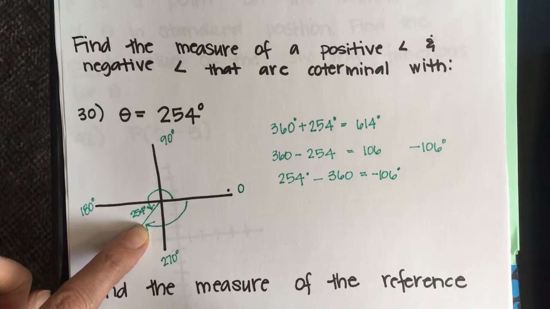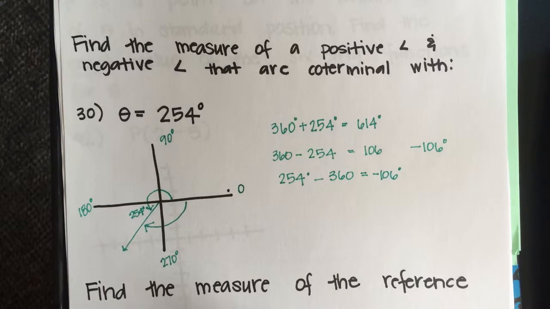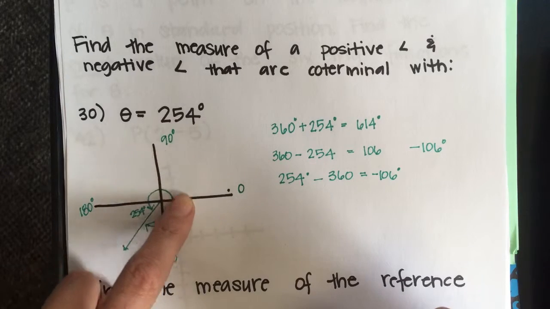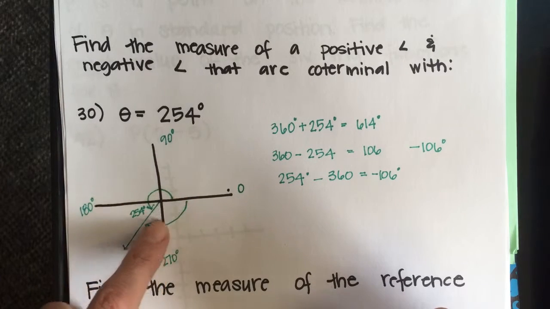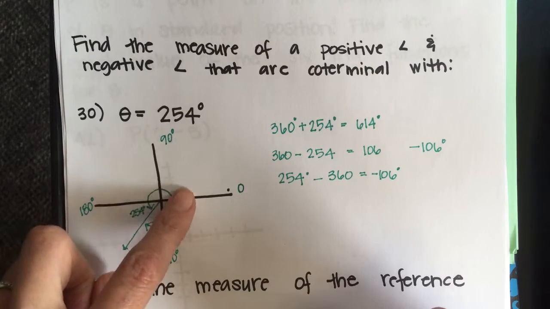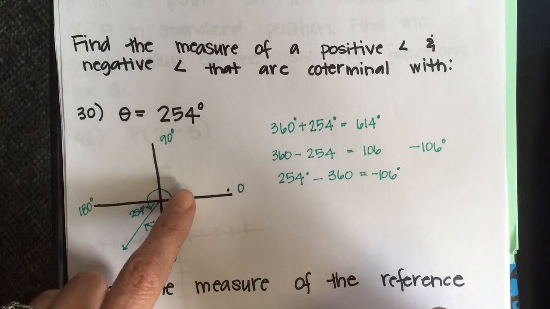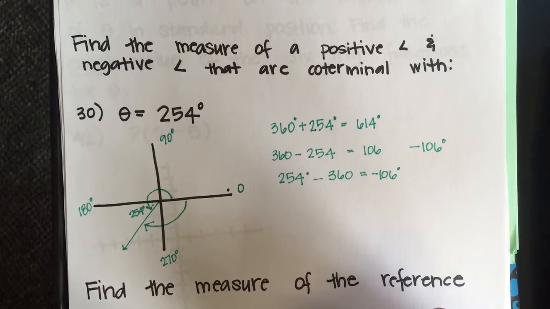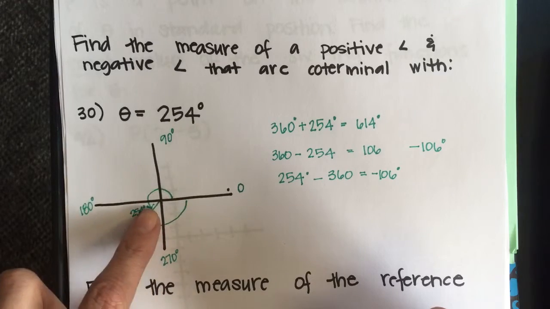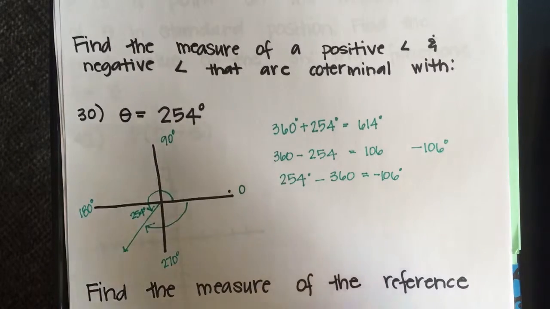Now just the same with positive, there are an infinite number of negative angles that would get you there. You could go all the way around once, that's negative 360, and then another negative 106. You could go in the negative direction twice, that is negative 720, and then another negative 106. So there are an infinite number of negative coterminal angles also, depending on how many times you go around the circle.